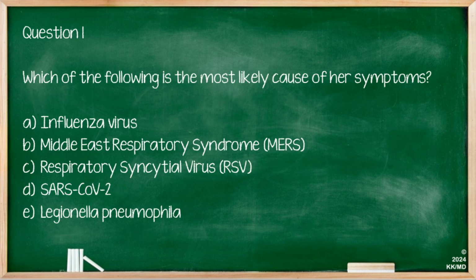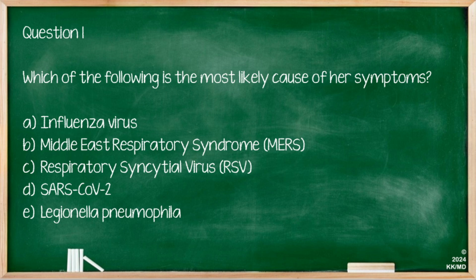The options are A, influenza virus; B, Middle East respiratory syndrome or MERS; C, respiratory syncytial virus or RSV; D, SARS-CoV-2; E, Legionella pneumonia. So technically, in real life, all of those options can be correct.